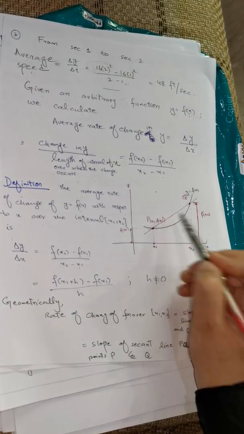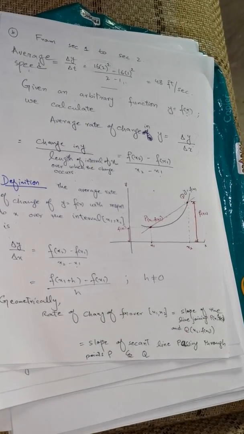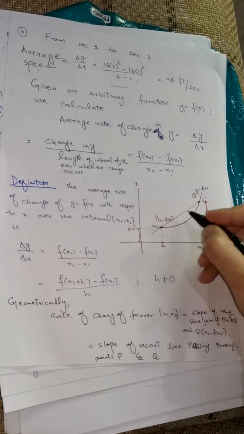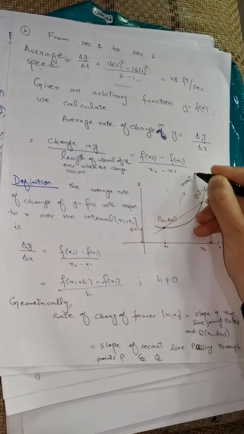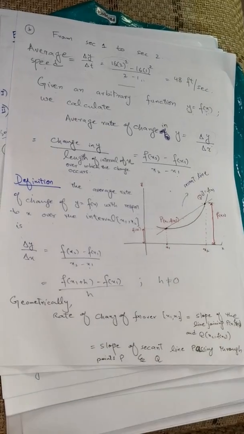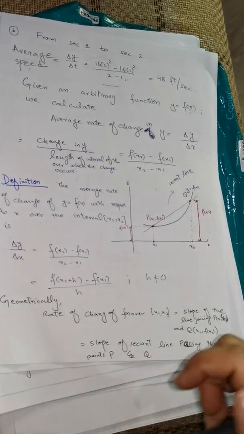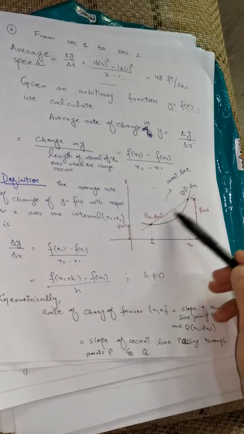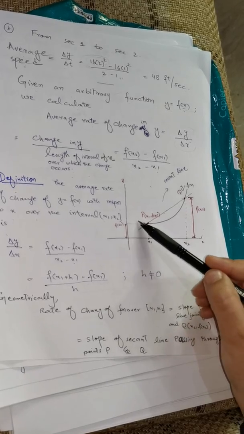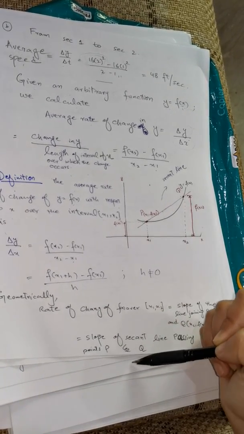What is the name of this line? This line is called a secant line. What is a secant line? A secant line is any line which cuts the graph, or cuts the curve, at 2 points of the curve.